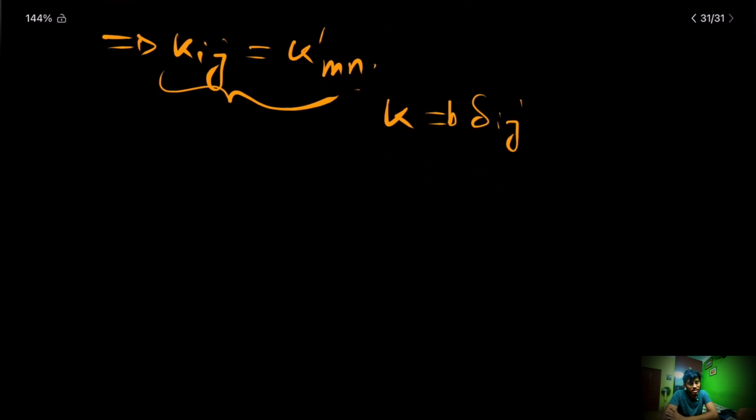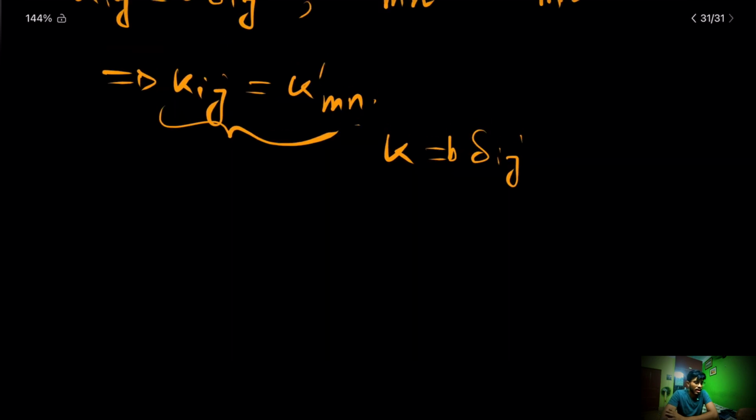Now this is done. If you put this into your thermal energy balance equation, then you get the form that you are accustomed to, by treating K as a constant.